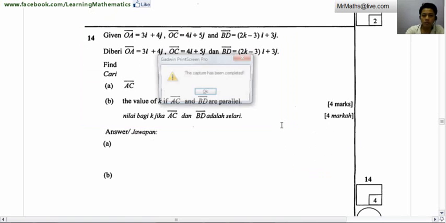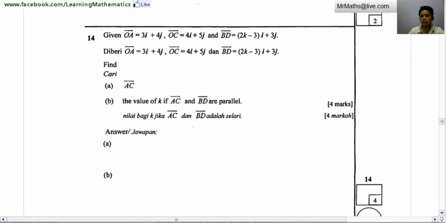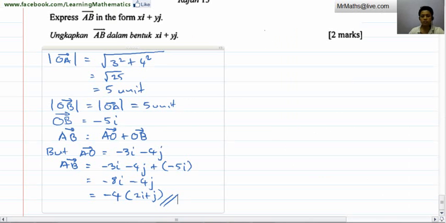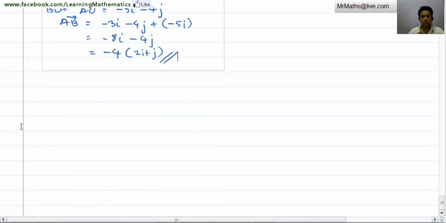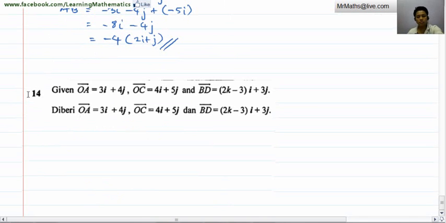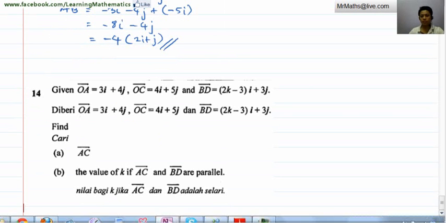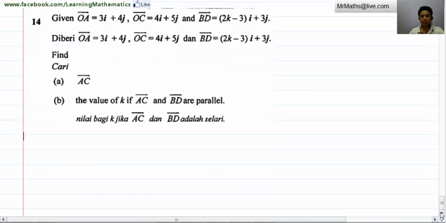This carries 4 marks, so do not waste it. Let's work on it.